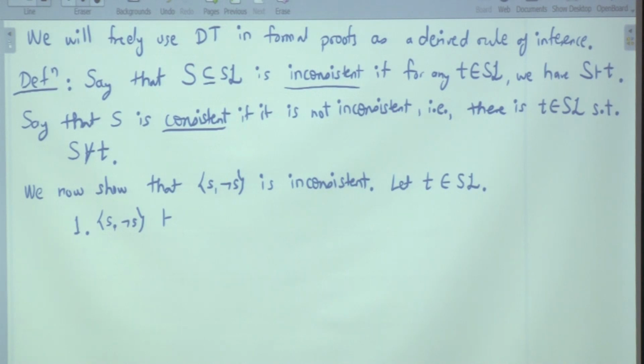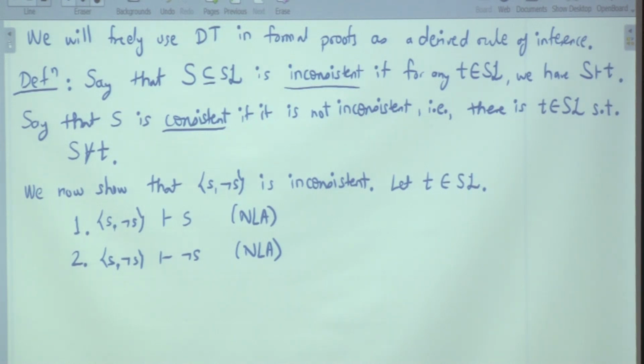What can I prove from this? First, from S and negation S? S, okay, good. This is NLA. Second line. Okay, what else can I prove from this? S meet negation S. We don't use the word meet here.